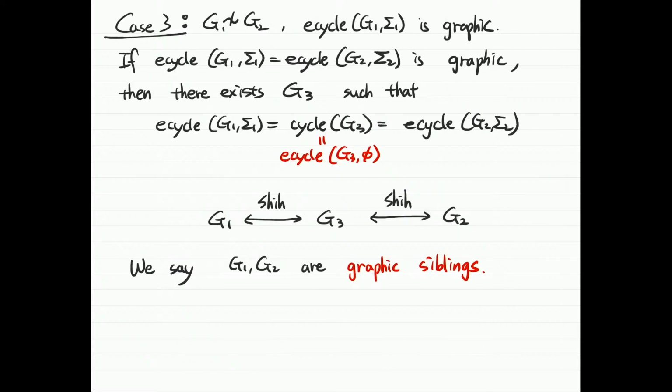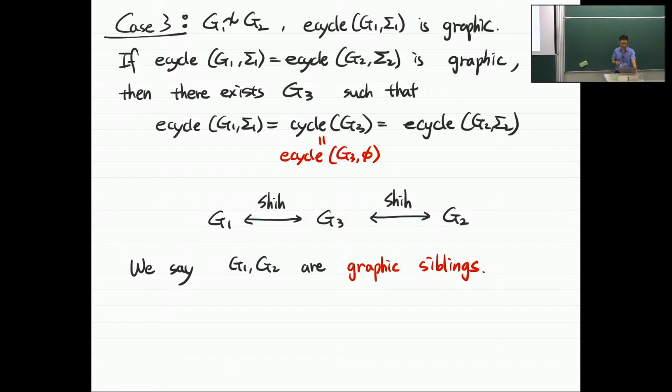And for case 3, we assume that G1 and G2 are inequivalent, and the even cycle matroid of (G1, sigma 1) is graphic. If the matroid is graphic, then we know there is a graph G3 such that the cycle matroid of G3 is also the same matroid. And we can see that the even cycle matroid of (G3, empty set) is the same as the cycle matroid of G3. Let me explain why.